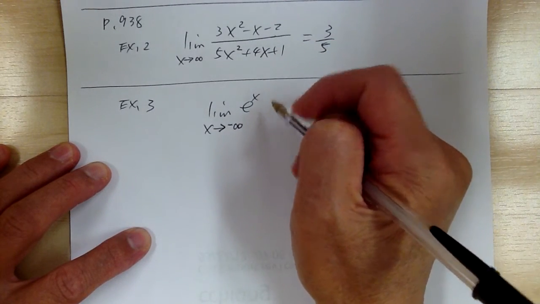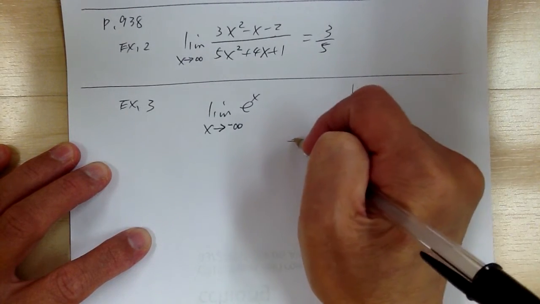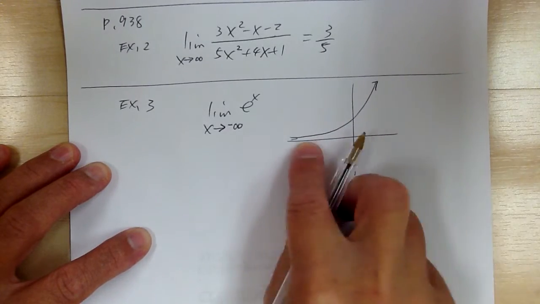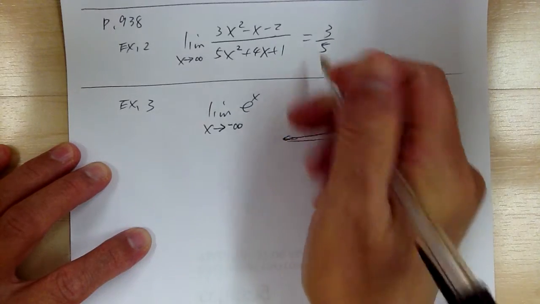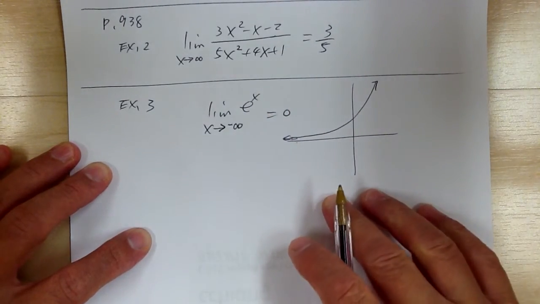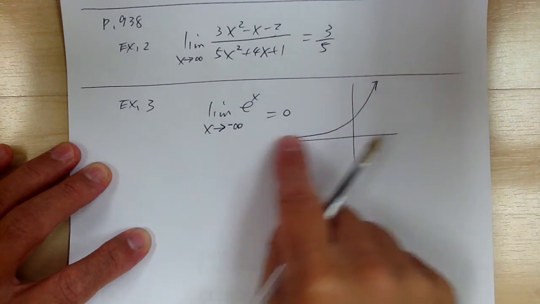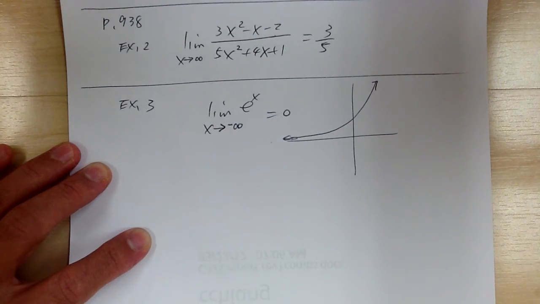But if you were to graph it out, it looks like this. So your horizontal asymptote is y equal to 0. Therefore, when x approaches negative infinity, this will equal 0. If you don't know what a function looks like, or if you have a hard time, just plot the points and make a table, and you can look at the table and figure out the limit.